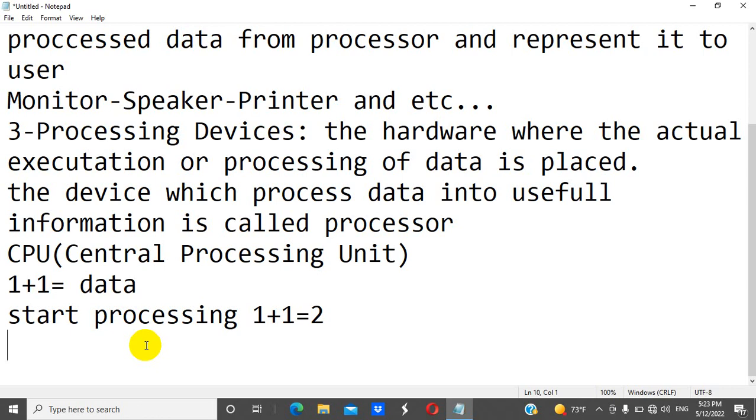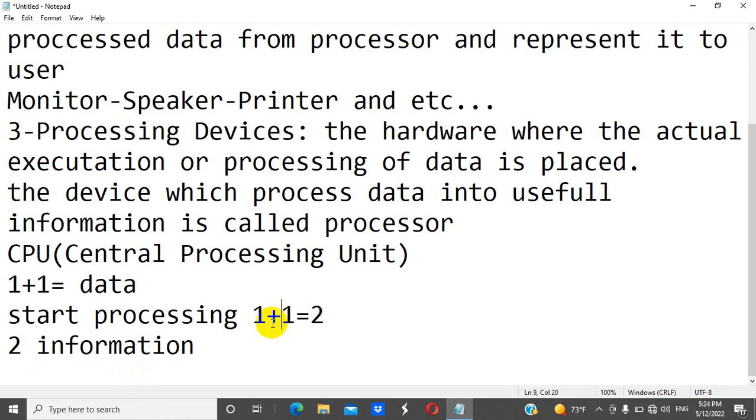That 2 is information. So your tongue is the output device, your brain is the processing device, and your ear is the input device.